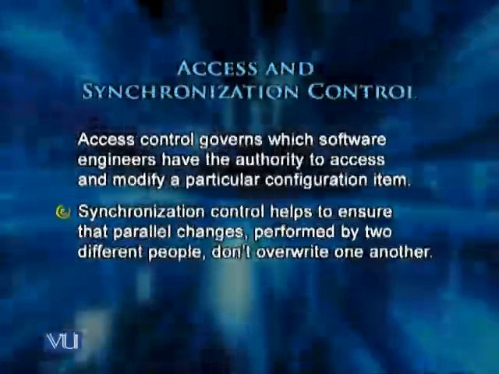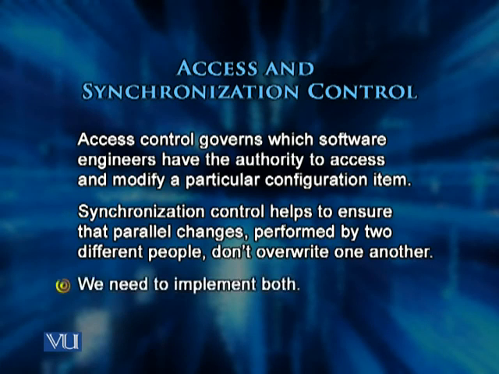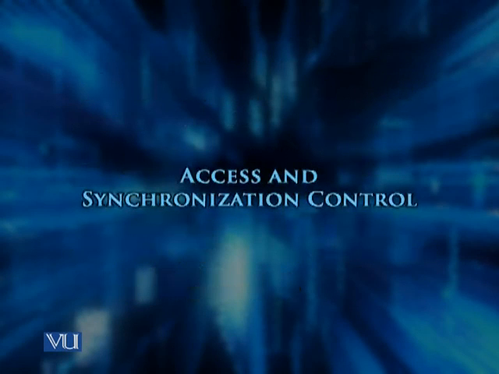And the second control mechanism is synchronization control, which helps to ensure that parallel changes performed by two different people don't overwrite one another. We need to implement both access control and synchronization control in our change control process. And typically, this is done with the help of configuration management tools.